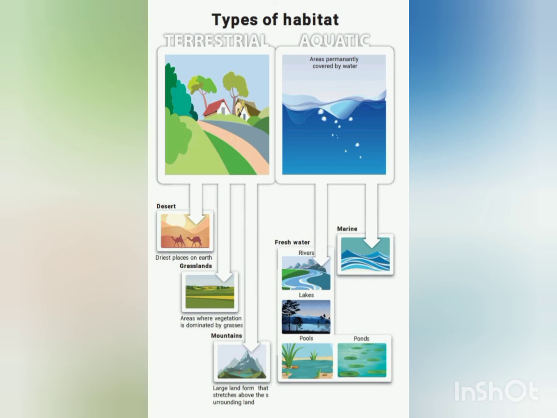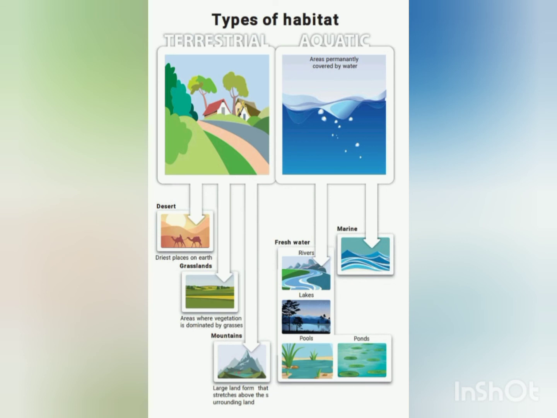Under freshwater habitat, it includes rivers, lakes, ponds and pools. The marine habitat includes ocean. The next type of habitat is a terrestrial habitat. It is classified into three types. They are forest, grassland and desert.